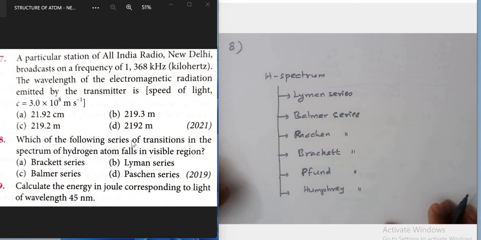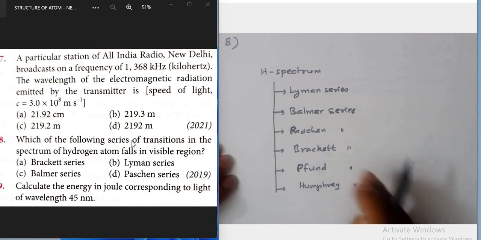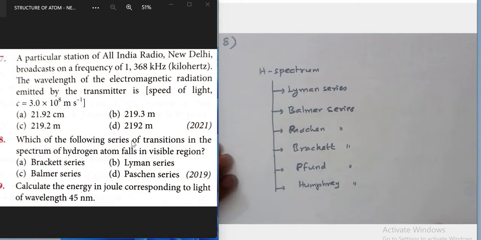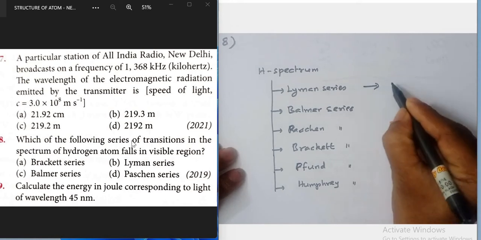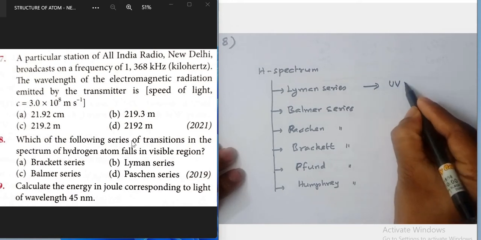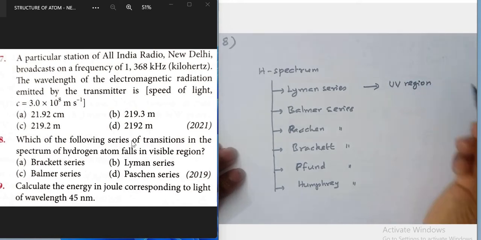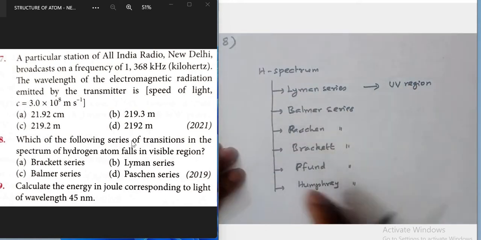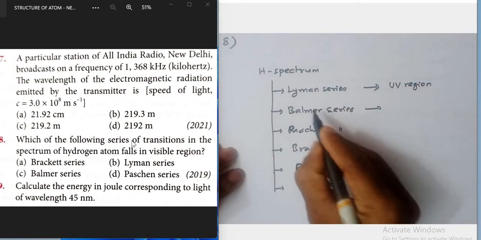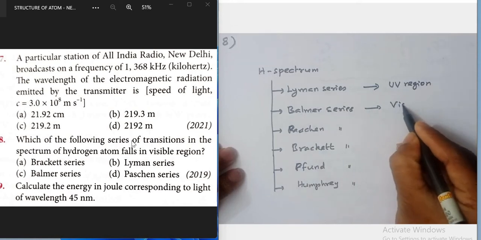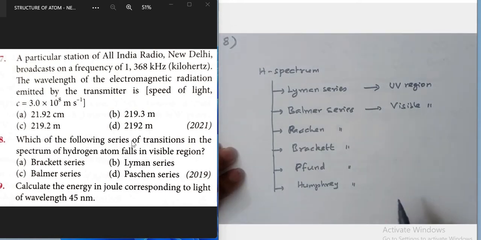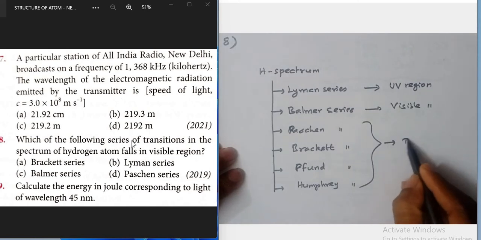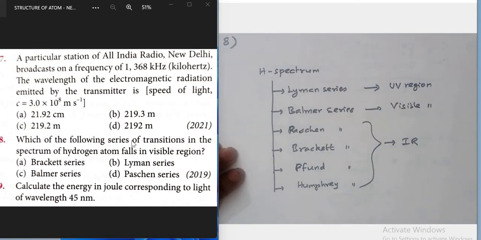In the hydrogen spectrum we have these series of lines: Lyman, Balmer, Paschen, Brackett. I have told you the Lyman series appears in the ultraviolet region of the spectrum; these lines appear at lower wavelength. Balmer series lines appear in the visible region of the spectrum. All other lines, Paschen, Brackett, Pfund, appear in the IR region.